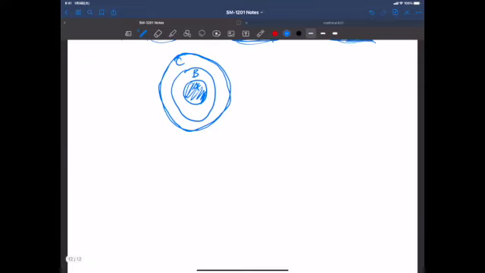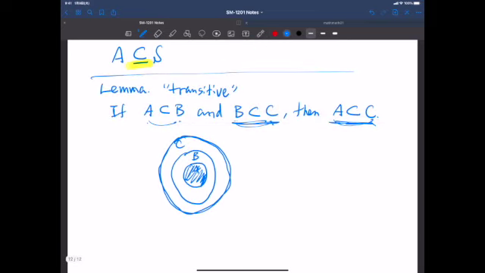Okay, but let us prove this more formally. What's given here are this condition and this condition.